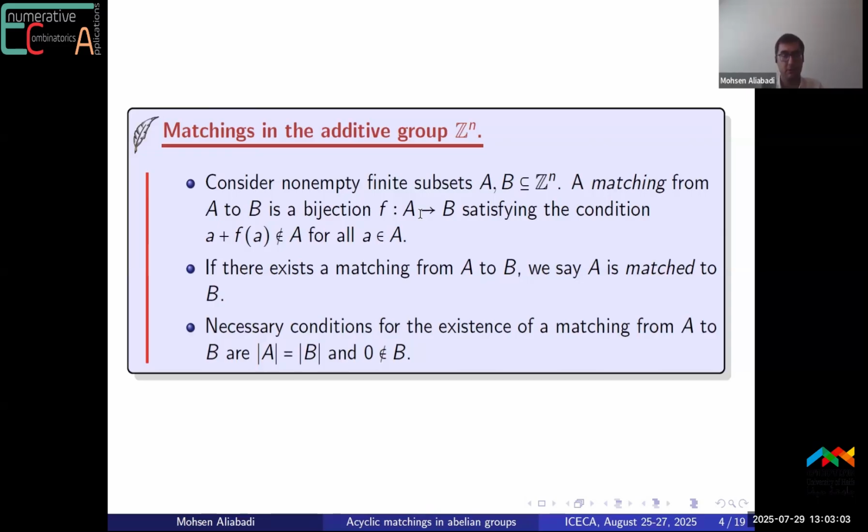First, A and B must have the same cardinality. And second, the set B should not contain the neutral element of the group, which is zero in Z^n.